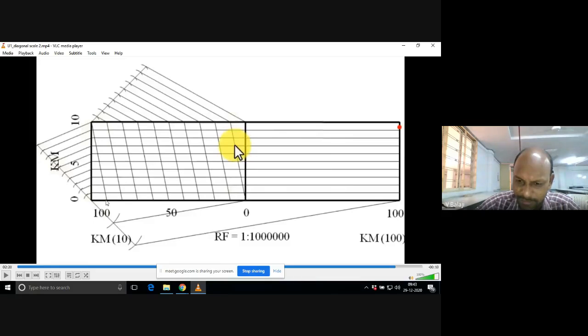Is it clear? Yes, sir. And one more problem will come: if you do like that, how can you mark 109 at that time? There is a chance, but you are not using this vertical height. So you try.